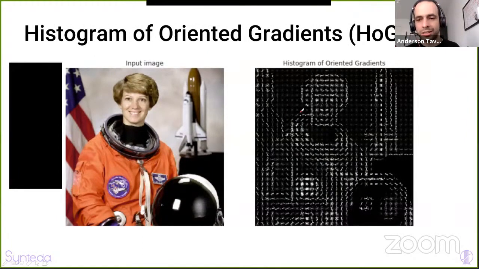We use it a lot in computer vision to find edges and detect and recognize objects. This is like dividing the image into blocks, calculating the gradients and counting how many gradients we have in a given orientation, so creating small histograms of gradients. This might describe the image in a way that we can detect edges as well as the orientations.